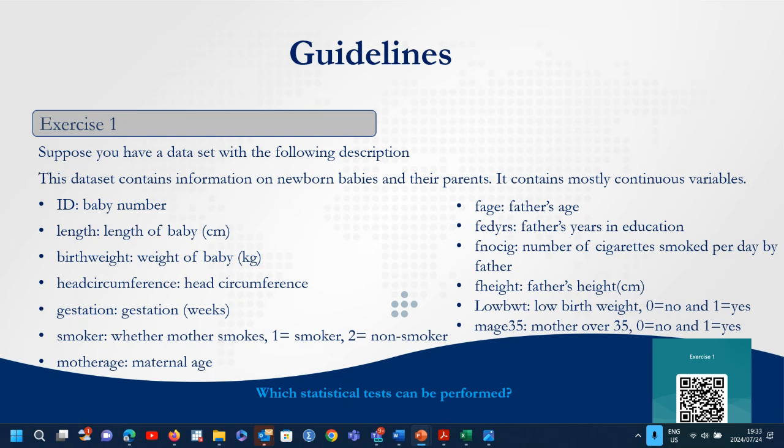Also captured is the length of the baby, their birth weight, the head circumference, the gestation, whether a mother smokes or not, the age of the mother, some attributes about the father, whether the baby had low birth weight or not, and whether the mother is over 35 or not.